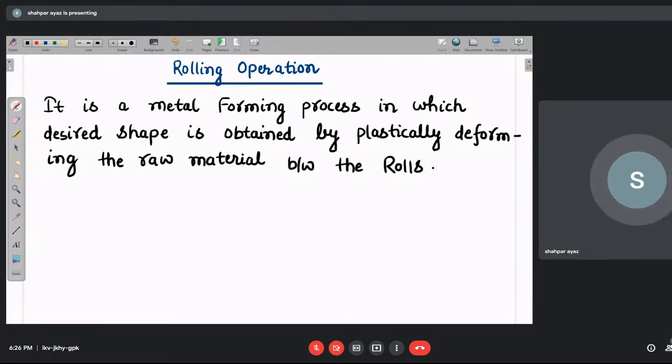So now the mechanics of rolling. It is a very good problem. Let's understand, all of you.